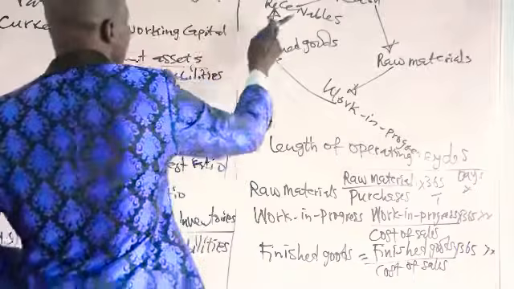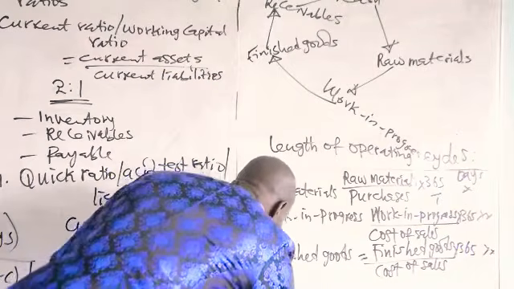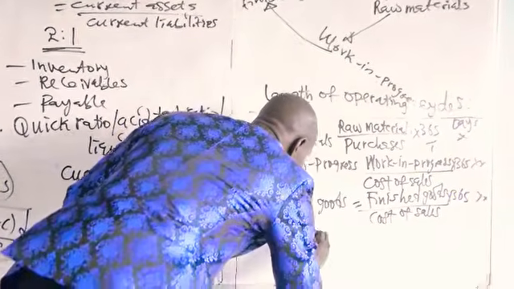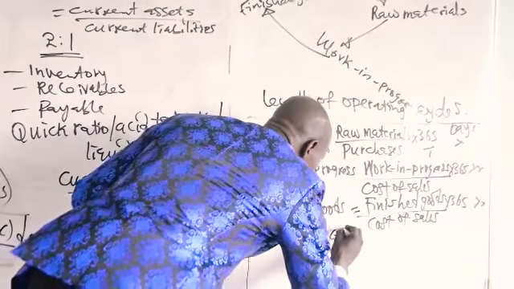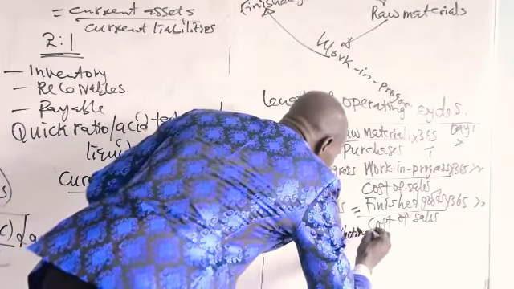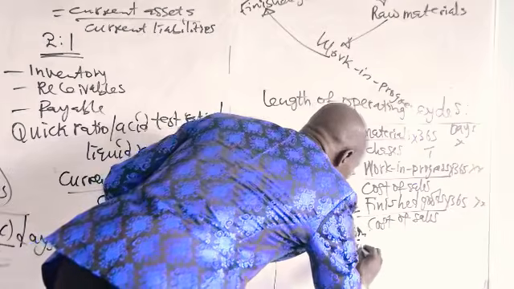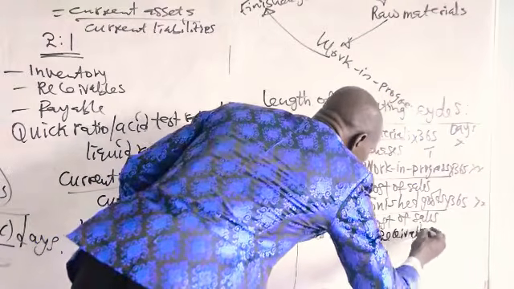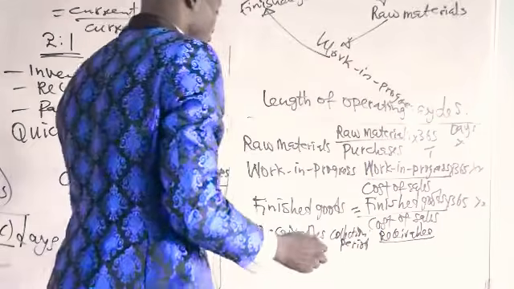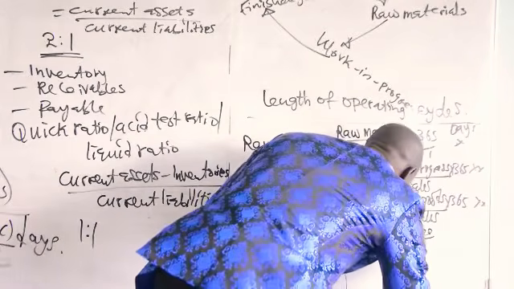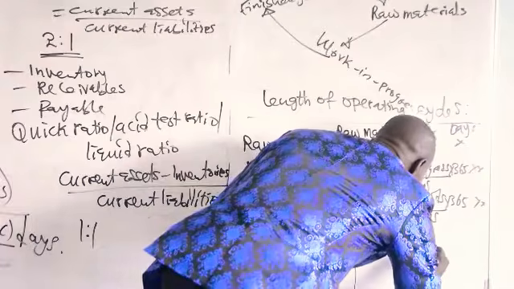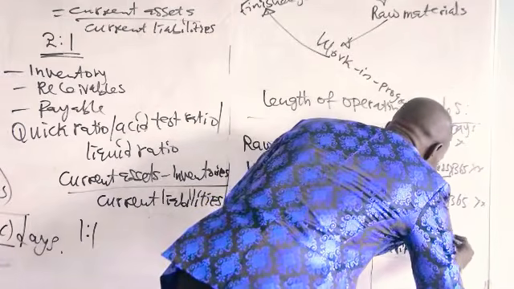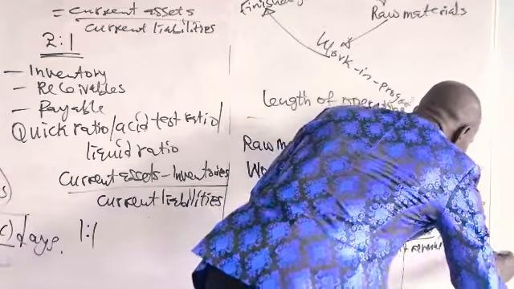After finished goods, you have the receivables collection period. That will be average receivables over credit sales, or credit revenue, times 365 to give you X days as well.